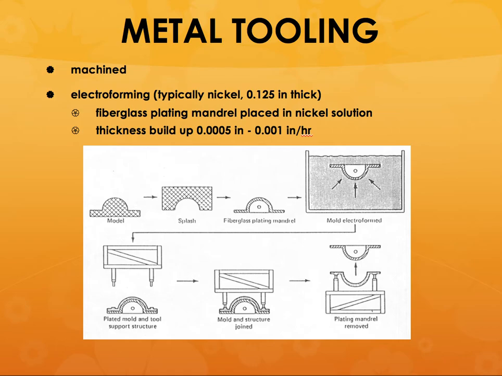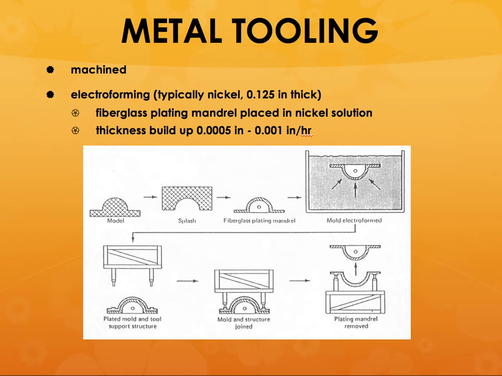There are some typical types of tooling materials, like metals. So what you do is you machine the tooling, and then you have a fiberglass plating mandrel, and then you create what is called a splash tool, and then that splash tool is dipped inside the molding solution, and it deposits what they call electroless plating of nickel on top of that.